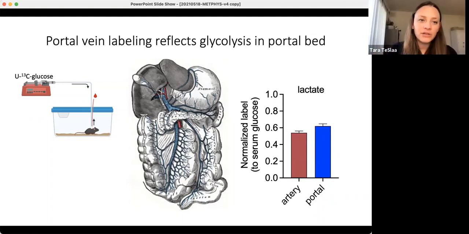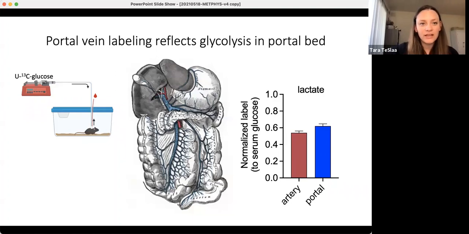But we can also collect blood from a tissue draining vein, and this will reflect the metabolic activity in the tissues that drain into that vein. Here I'm showing data for the portal vein, which drains the stomach, the intestines, the pancreas, and the spleen. And what we can see is that the labeling we observe in the portal vein lactate is much higher than what we see in the artery.